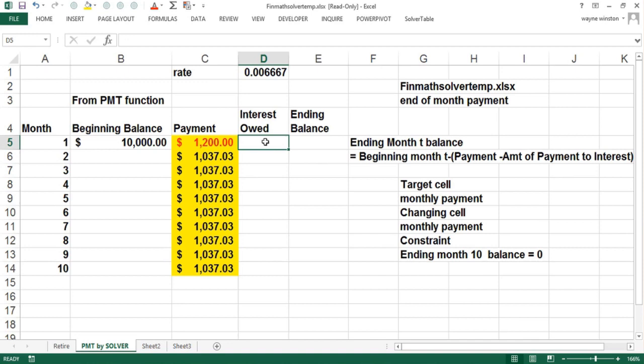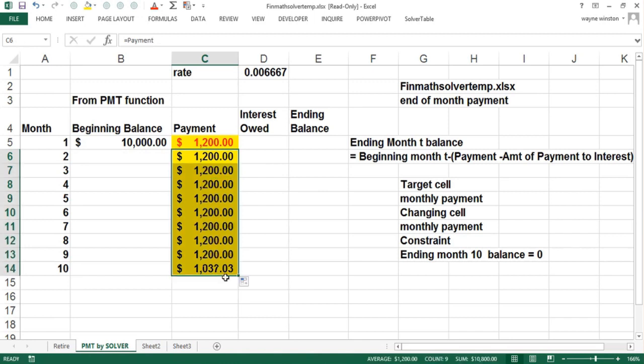So all I have to do is copy that down. The monthly payment is that cell, and just say equals whatever's in there. Drag it down, so every month we pay the same amount, although the only changing cell is in C5. Now what do we owe in interest?